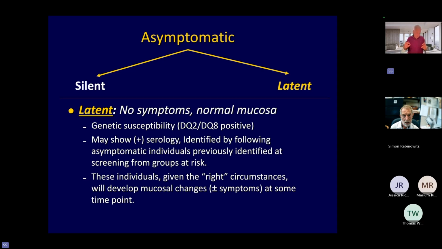It is supposed that these individuals, given the right circumstances, it could be an intercurrent illness or something else which alters the intestinal barrier, may develop, or will develop, mucosal changes at some point.